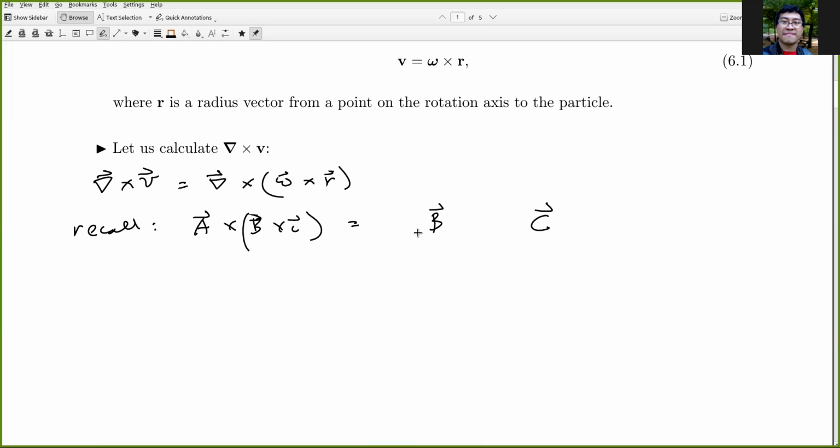So the proportionality constant is the dot product of the terms that are not included for each of the two terms. For B, the remaining ones are A and C, so we get A dot C. Similarly for C, you have A dot B. And there is a negative sign.